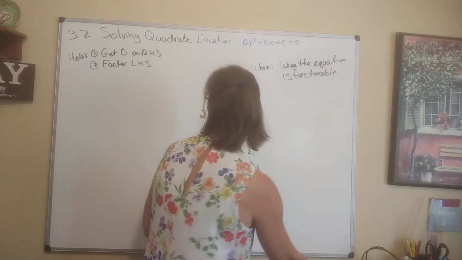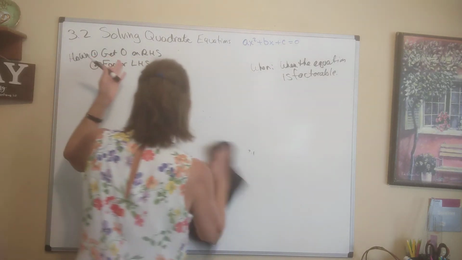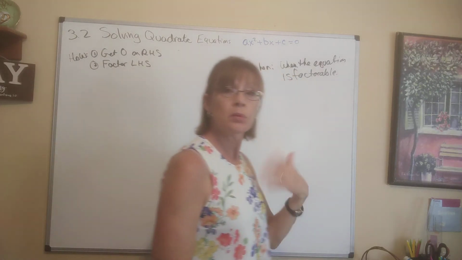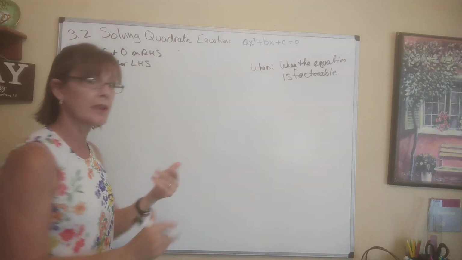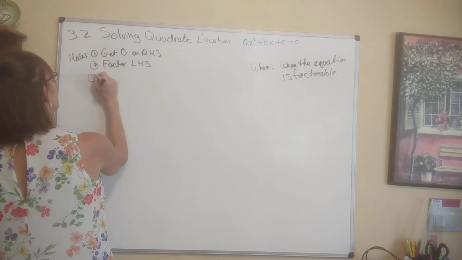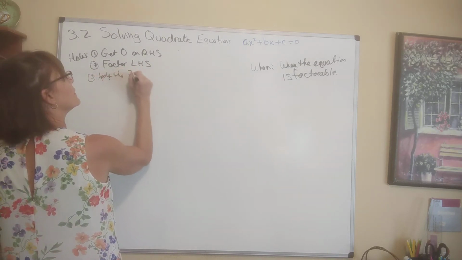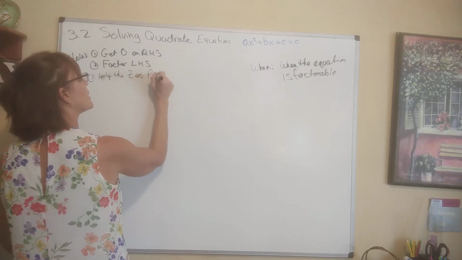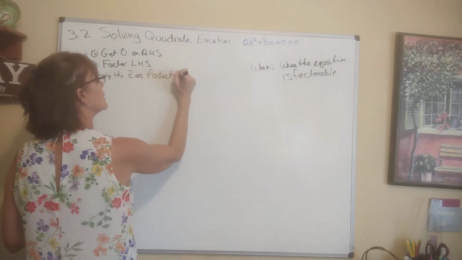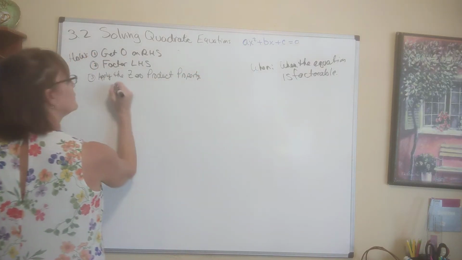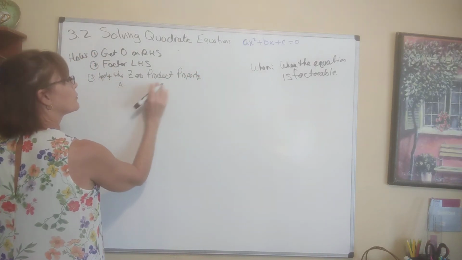Okay, so right here, we get a 0 on the right-hand side, we factor the left-hand side, and then we apply something called the zero product property, which basically is this. It says if your product means multiply.